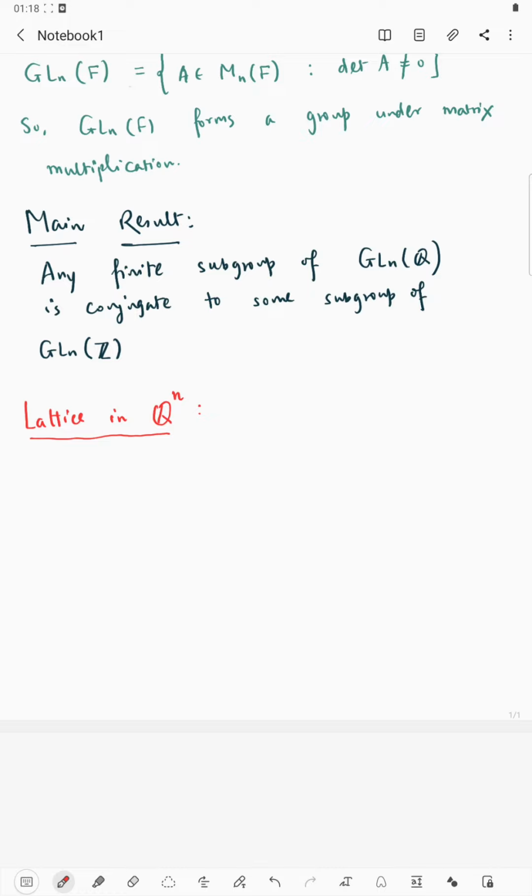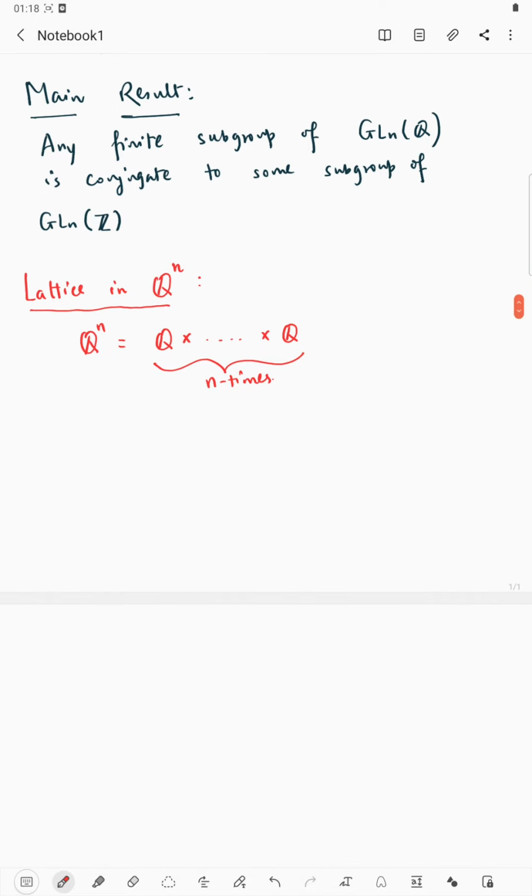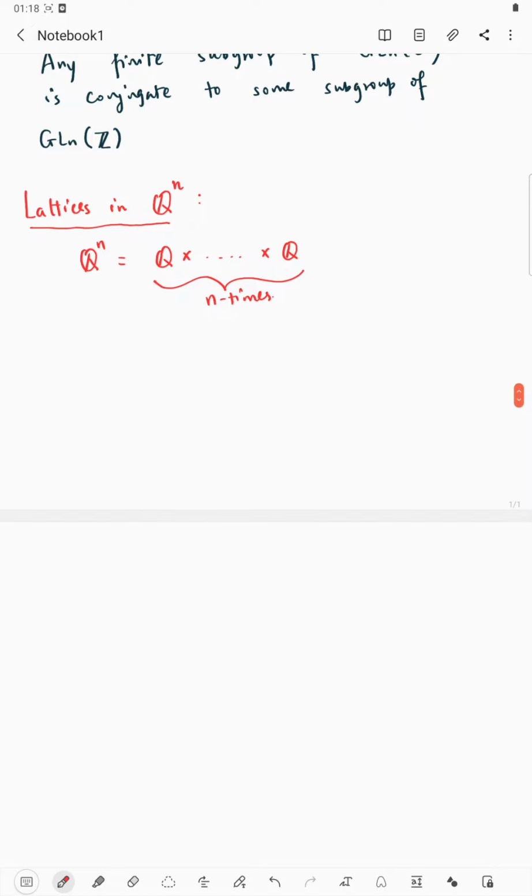Here Qn means the Cartesian product of n copies of Q. A lattice inside Qn is defined in the following way.